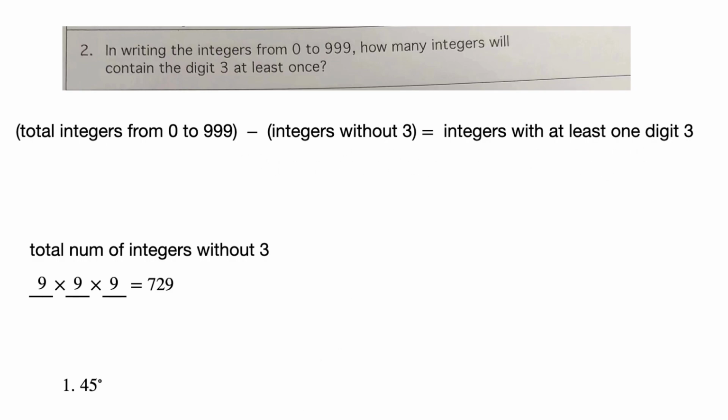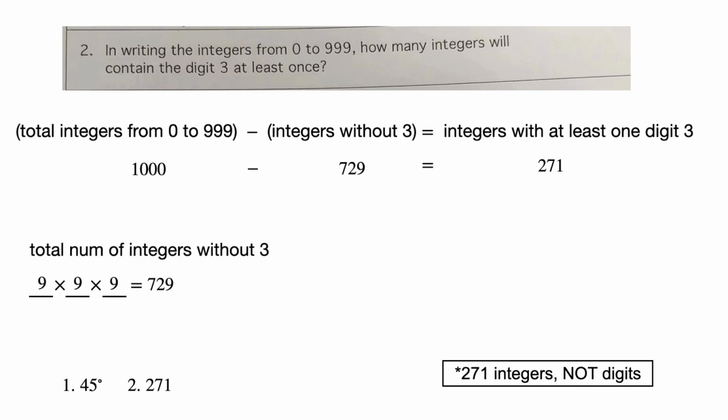The total number of integers from 0 to 999 is 1000 minus the number of integers without 3, which is 729 from what we just found. This equals 271. So from 0 to 999, there are 271 numbers that contain the digit 3 at least once.